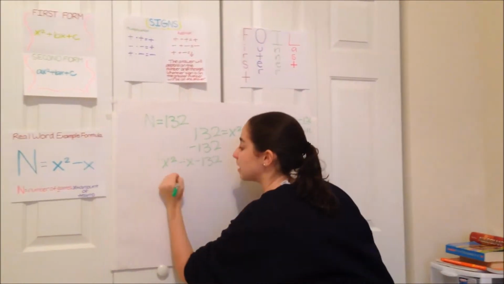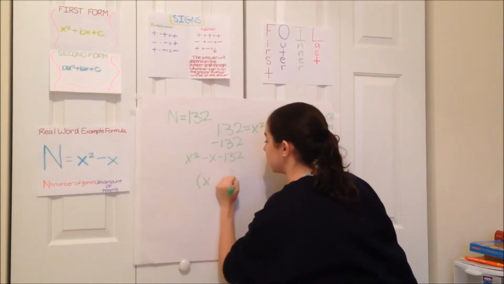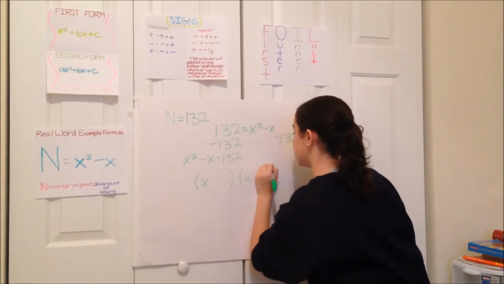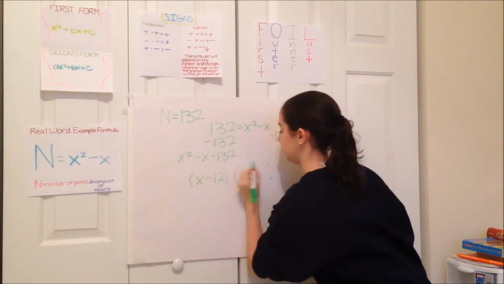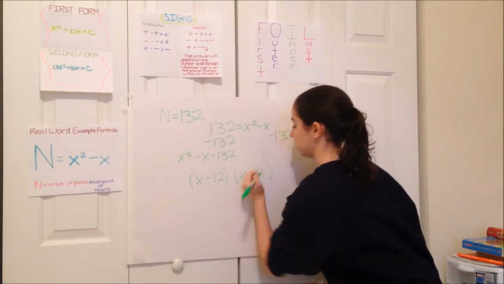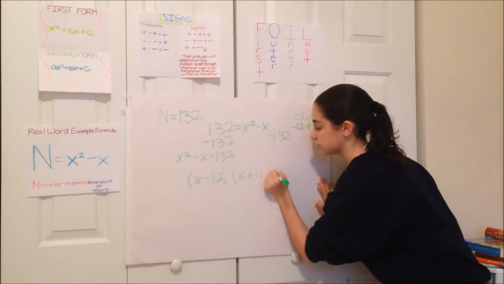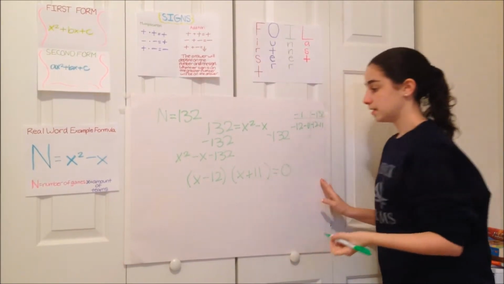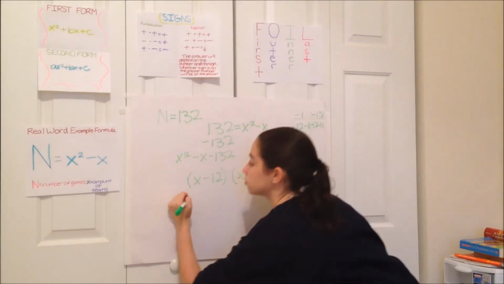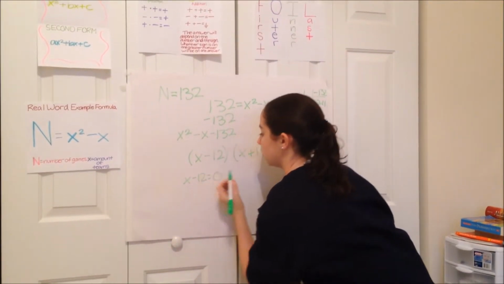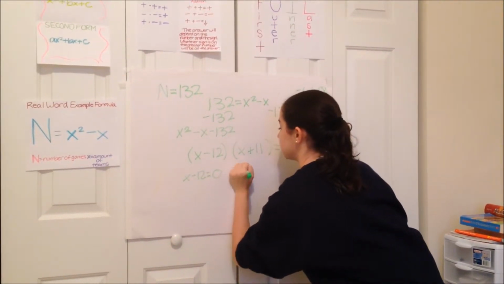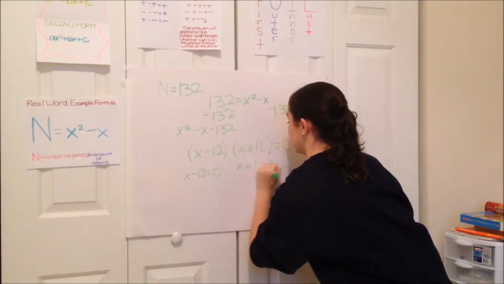Now you already know how to set up your binomials, and you just need to make sure that you have the correct signs. The negative 12 on one side and the positive 11 on the other. And your equal sign with the 0 over here. Now you can split it up into two problems where you have x minus 12 equals 0 and x plus 11 equals 0.